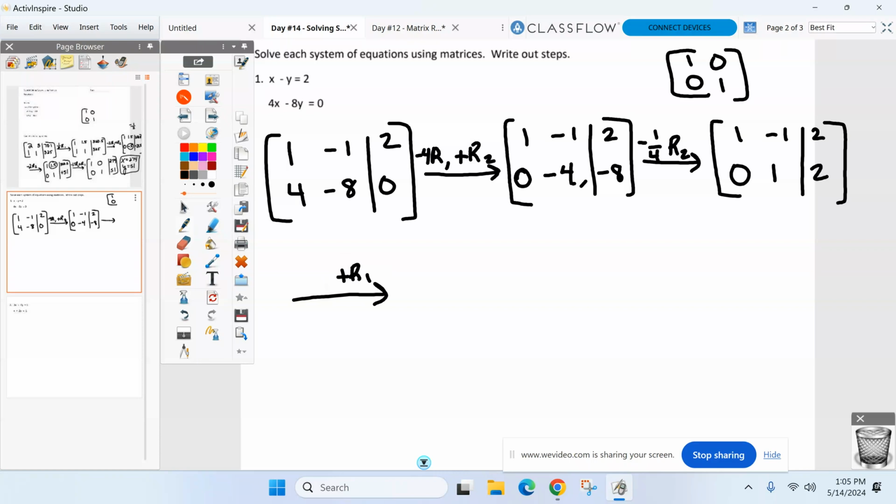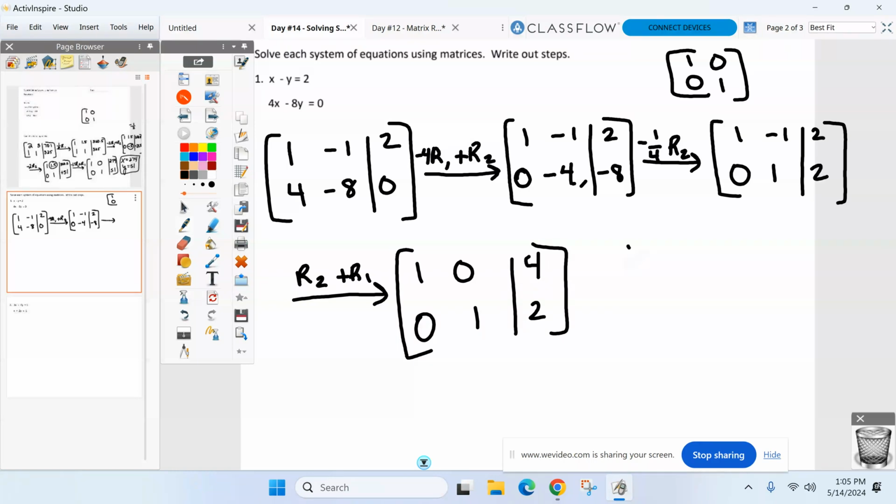So all it's going to be is row 1 plus row 2, or 1 times row 2, if you want to put that in. So row 2 is not changing. Look at that, the 1 stays a 1, that stays a 0. And what's my finisher here for this last number?